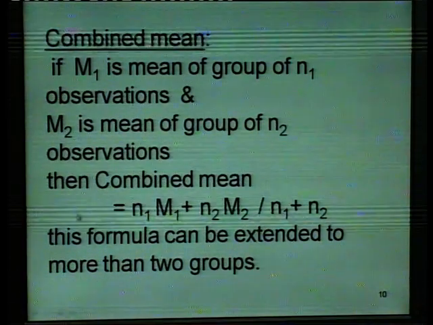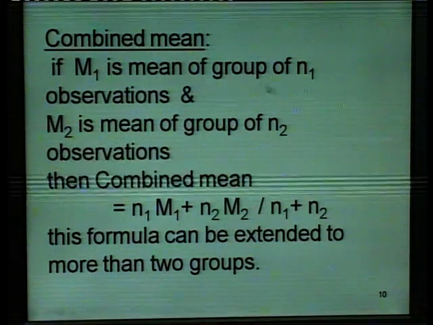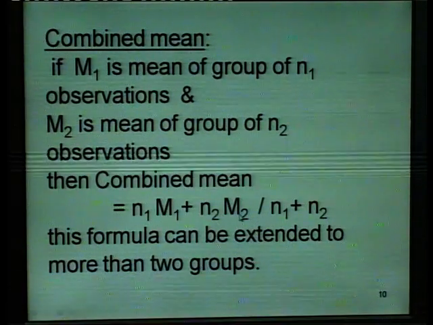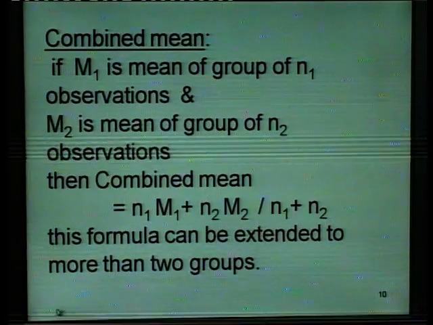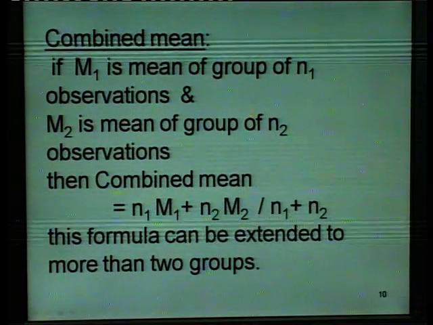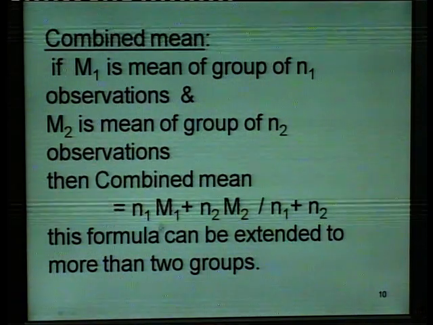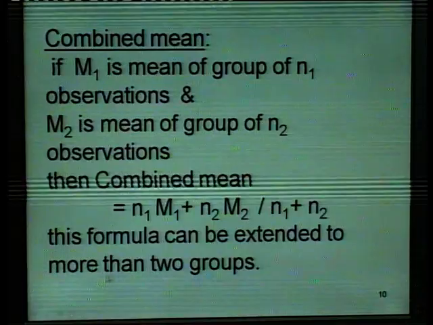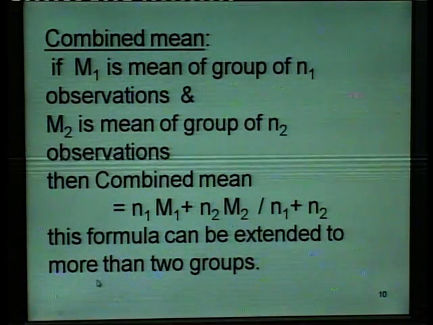Whenever we have to find a combined mean, we take this formula: number of observations into its mean plus number of observations into the second mean, divided by the sum of observations. This formula you can extend to any number of groups. The formula here is given for 2 groups, but you can extend it to more than 2 groups: 3, 4, 5, any number.